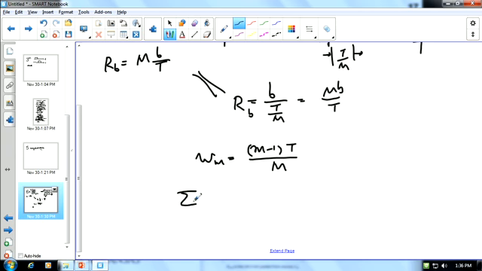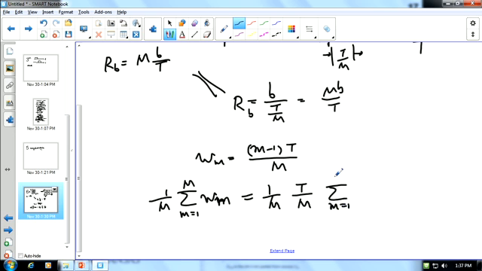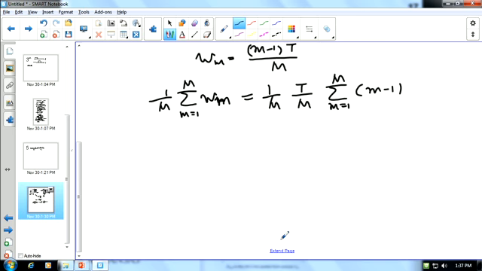So the average waiting time of all the users in this case is just the average: 1 over M, summation of m from 1 to capital M of (m minus 1) T over M. Or T over M squared, summation of m' from 0 to M minus 1 of m'.